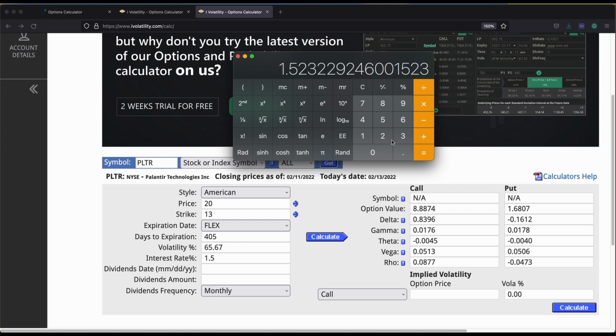However, your option price has gone to 8.89 from 4.59. So while the stock price only appreciated by 52%, your option has changed by 93%.